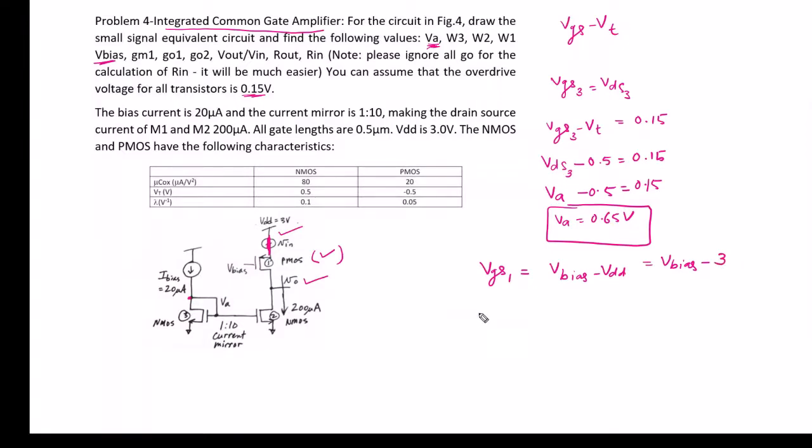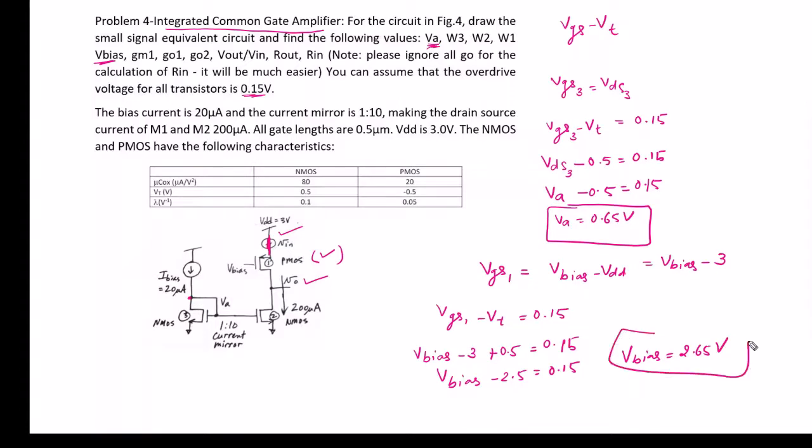The overdrive voltage of the PMOS transistor is also VGS1 minus VT, which is given as 0.15 volt. VGS1 we have already calculated as Vbias minus 3, minus VT, which is minus 0.5. So minus minus will be plus, equal to 0.15. So this will be Vbias minus 2.5 equal to 0.15. So Vbias will be equal to 2.65 volt. So VA is 0.65 volt and Vbias is 2.65 volt.